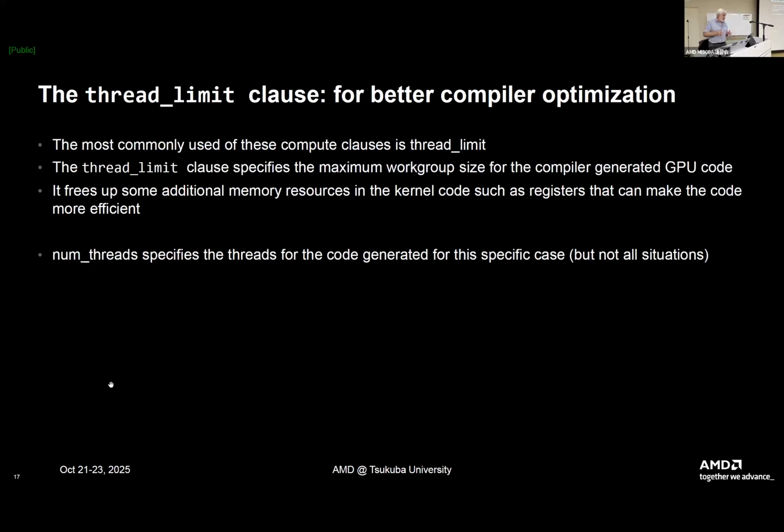So this thread limit is going to tell the compiler what the maximum work group size is, and that allows the compiler to generate more efficient code. And you can use both thread limit and num threads together. So thread limit means I'll never call it with this many threads. Num threads means for this case, I'm going to call it with a specified number of threads.